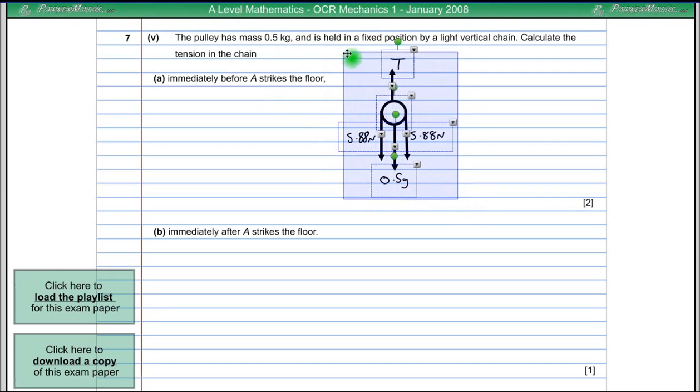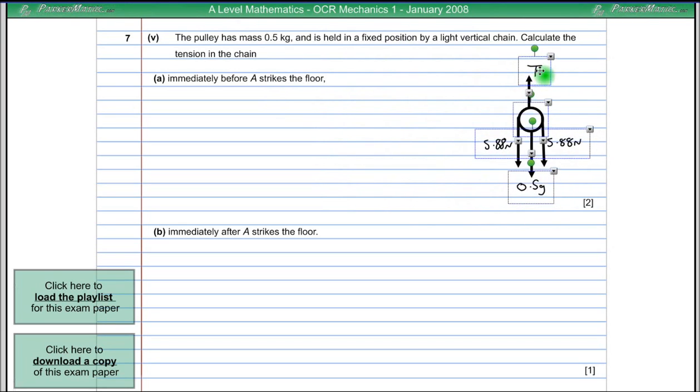So we've got four forces acting here, and the pulley's not moving, so there's no acceleration. So these forces must all be in equilibrium. So resolving in a vertical direction, we'll take upwards to be positive. We'll get T minus 2 lots of 5.88 minus 0.5 g, and that has to equal 0.